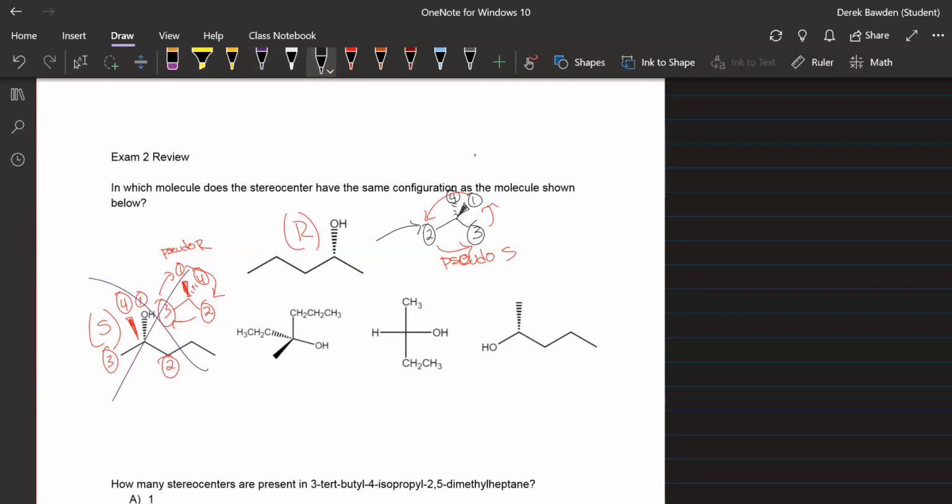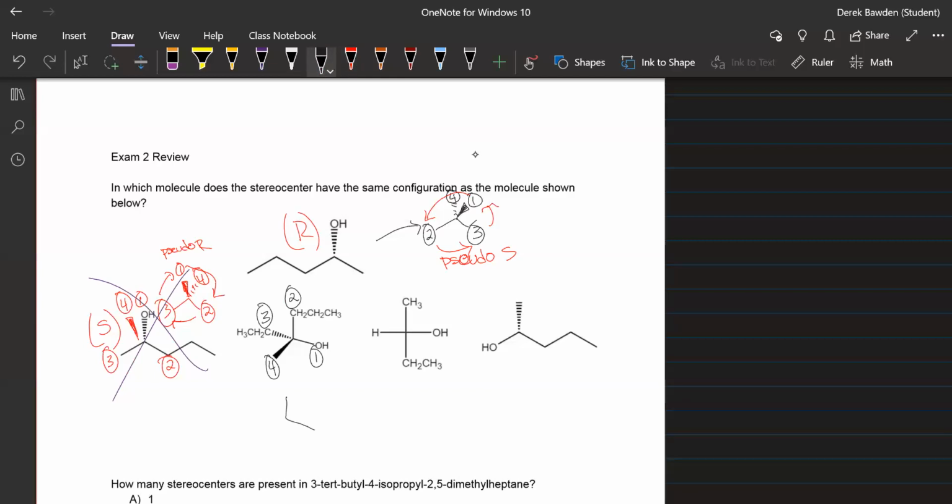Okay, let's do it again for the second one. OH is going to be our number 1. This is going to be our number 4 because it's the shortest carbon chain. This is our second shortest carbon chain, and this is the longest. Okay, so again, that's an easy way to determine if you're determining between carbon chains. The longest one will be your highest priority. Okay, so now we need to make sure our number 4 is in the back, which it is not.